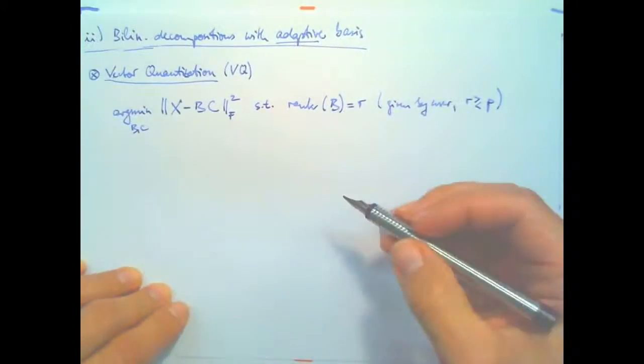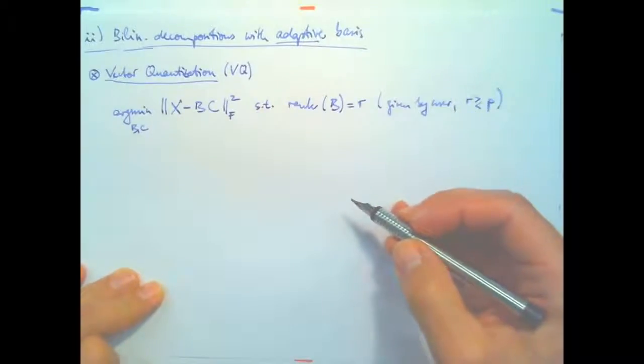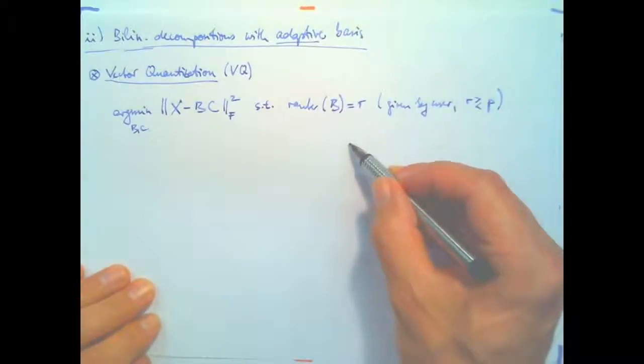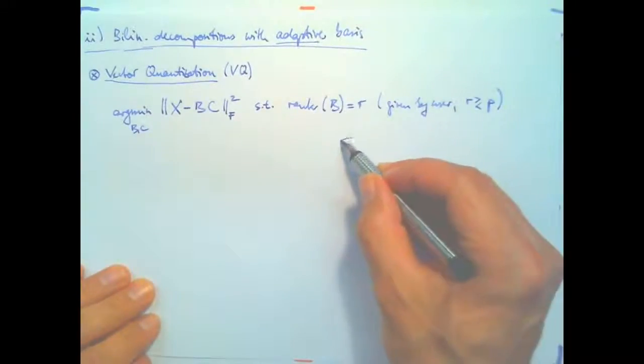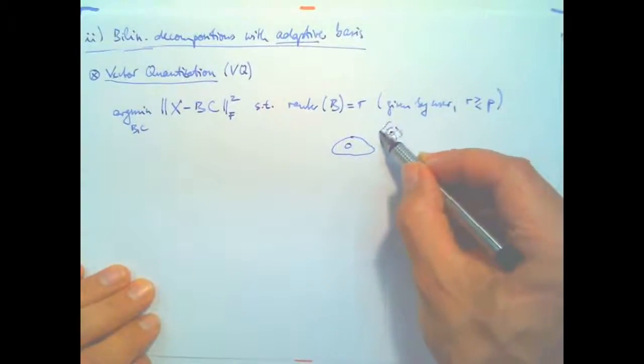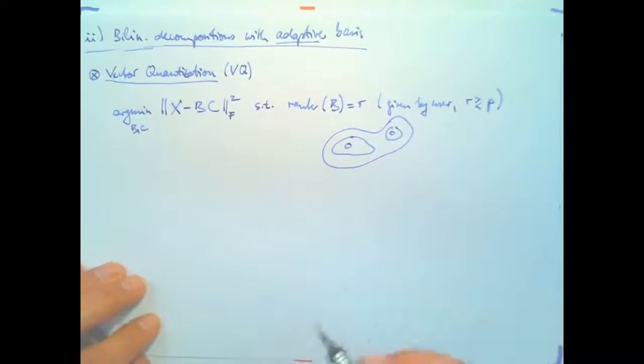So what you do in vector quantization is the following. Let's say you have some distribution in a multivariate, in this case in a two-dimensional feature space, and you want to approximate the samples that you draw from this distribution with code vectors.